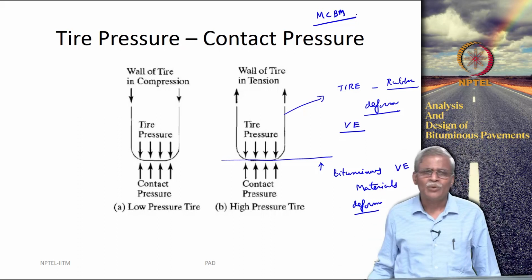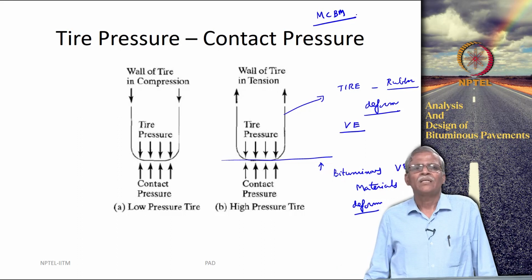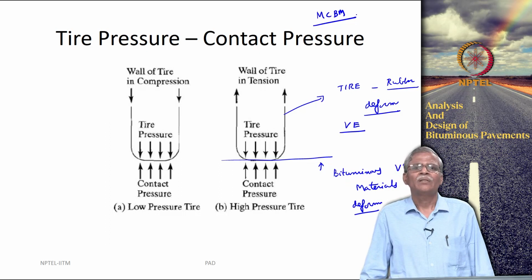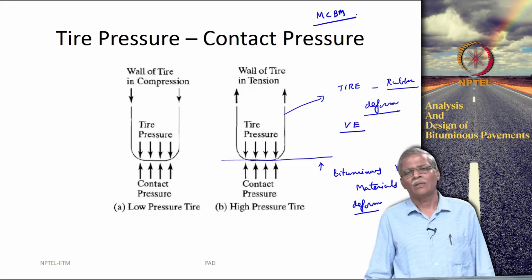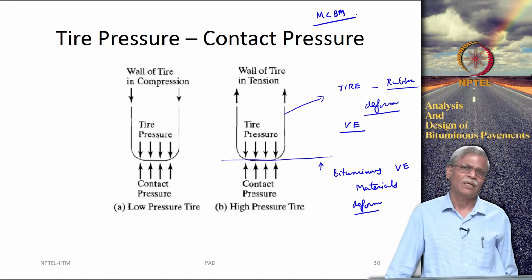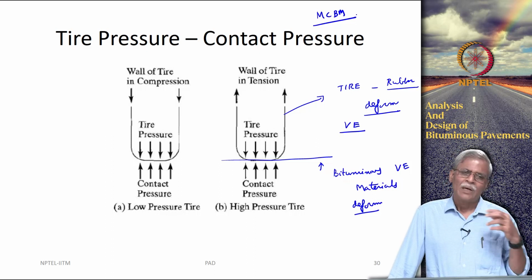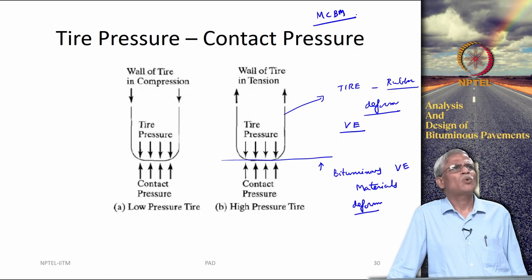So, if I tell you that the load per unit area that is transferred is, let us say, 600 kilopascal, you do the conversion from 30 psi to kilopascal, how much it comes, you can find it out. Then you are going to say, no, that is not really true.